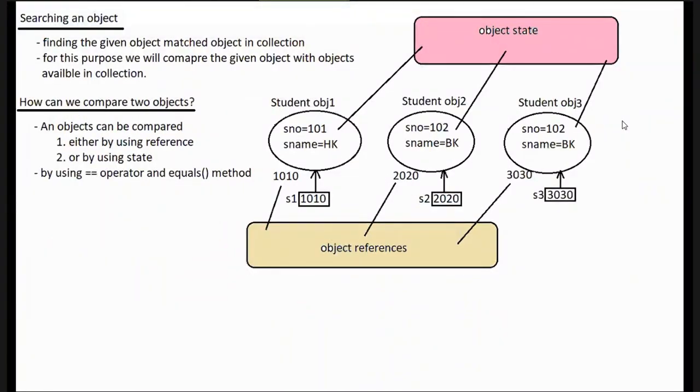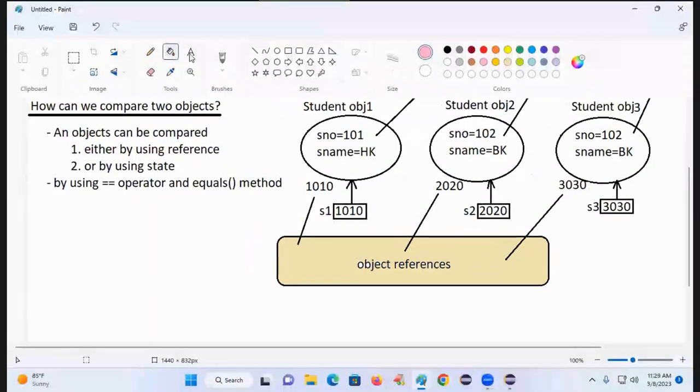Everyone got clarity? So every object contains two things. Number one, state. Number two, reference.